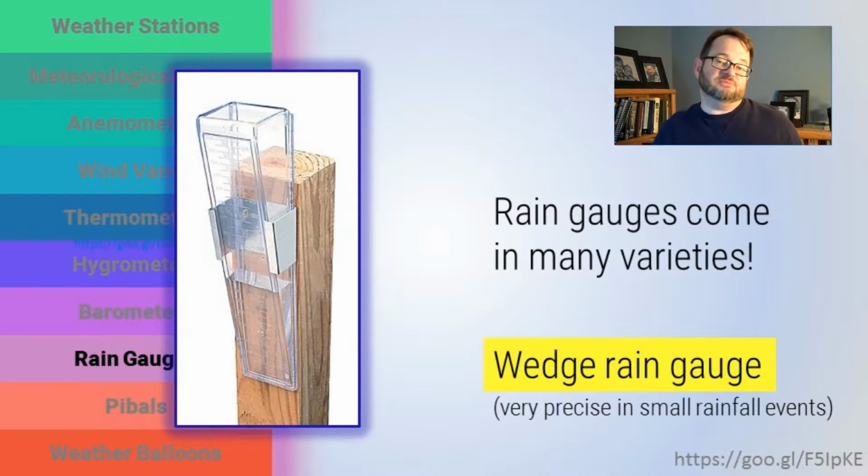Because really, what is the difference between getting 2.54 inches of rain and 2.56? The difference between these relatively large rainfall events doesn't really matter, where it's mostly going to run off anyway, whereas differences between very small rainfall events are important, especially to farmers and so on.